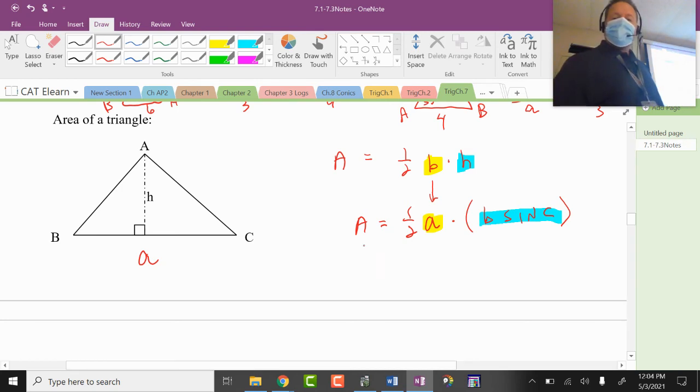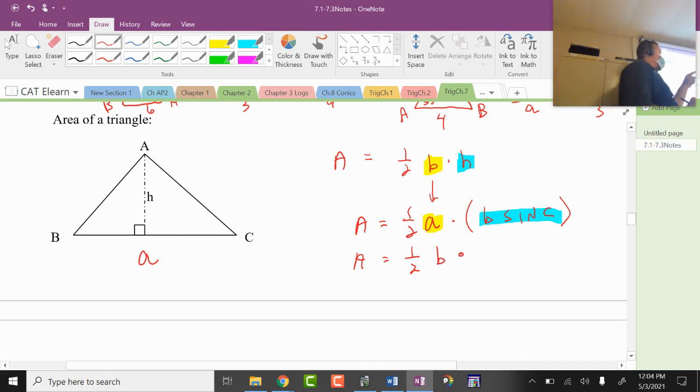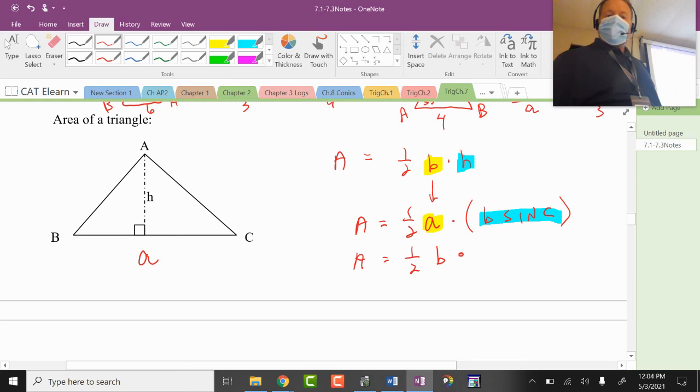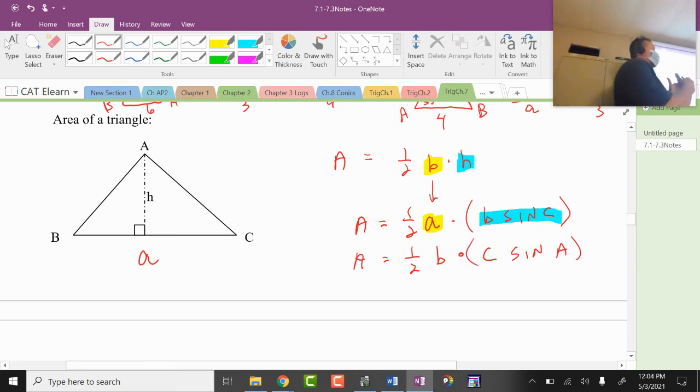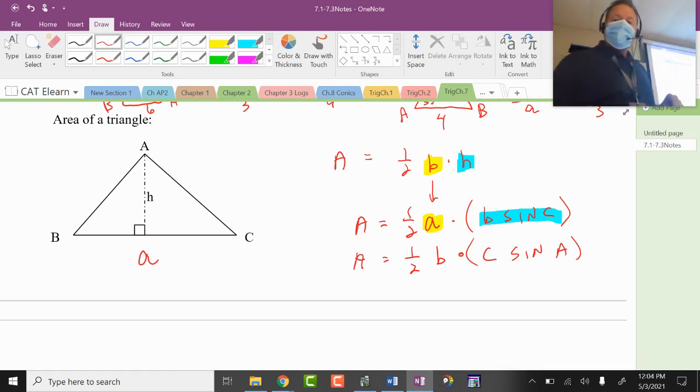Watch how easy it is, though. What if I make side B the base? Well, then, quite simply, it ends up being one half B, and then side C, sine of A, is actually this part that represents the height.